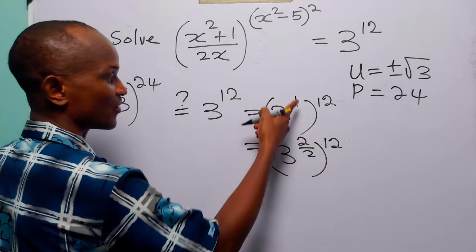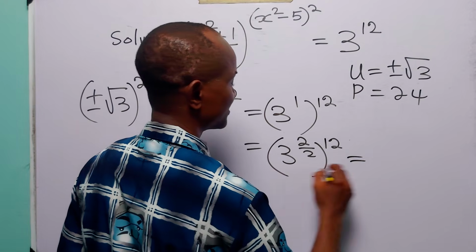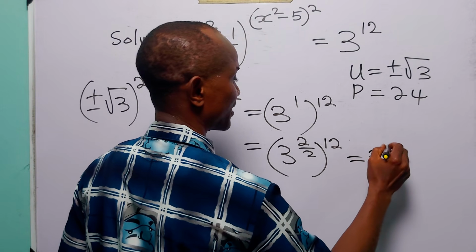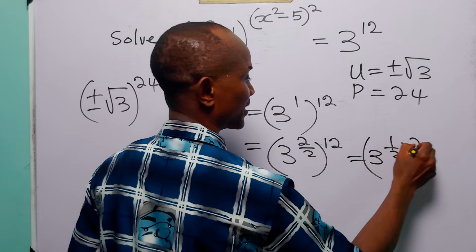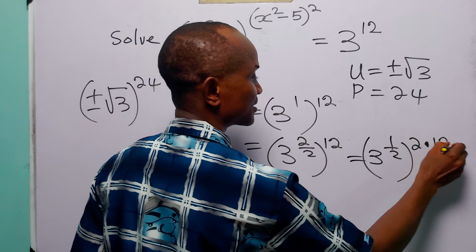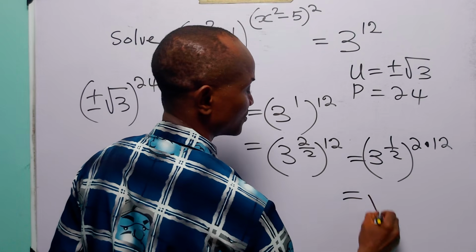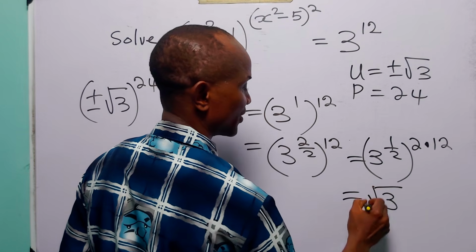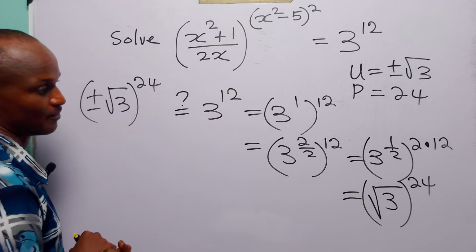Of course, 2 over 2 is equal to 1. Now, this can be written as 3 to the power 1 over 2 raised to the power 2 times 12, which of course is equal to the square root of 3 raised to the power 24.